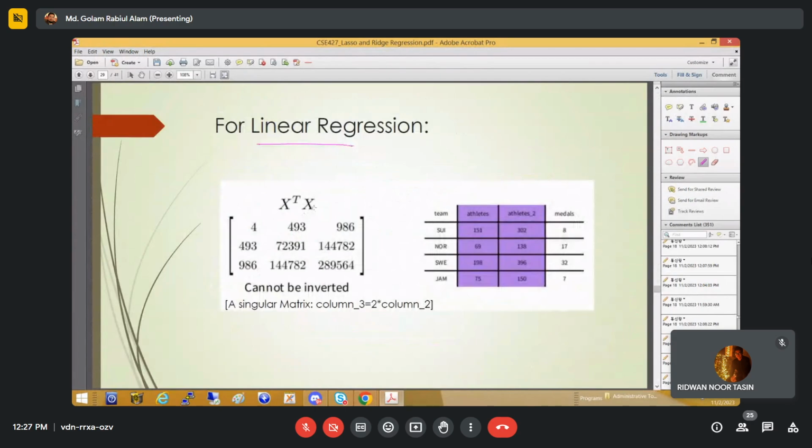In case of linear regression, as we have already seen, there is X transpose X. Sometimes we will get the X transpose X like this. Why? Maybe if our data set has similar features, that means feature 1 and feature 2 are the same, or the values of feature 2 are 2 times feature 1.